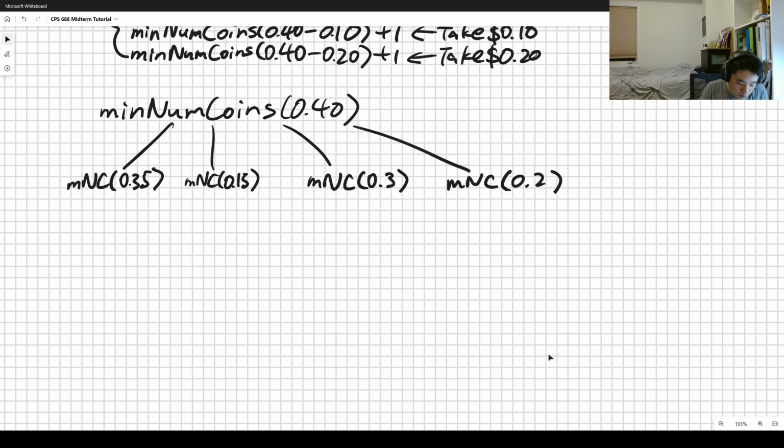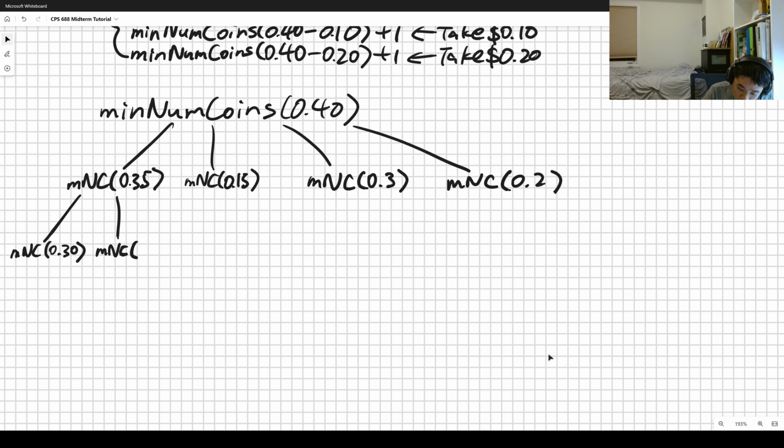And the next thing we're gonna do is from the 35 cents, we can only do the 4 coins again. Actually, I'm just gonna do this in order. 0.05 would end up having 3.